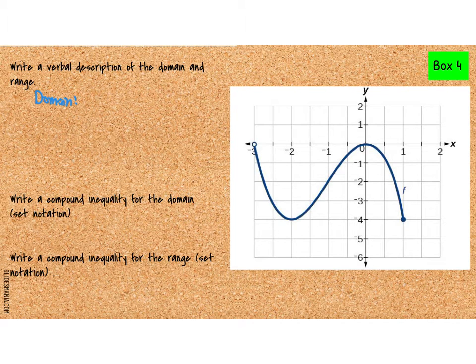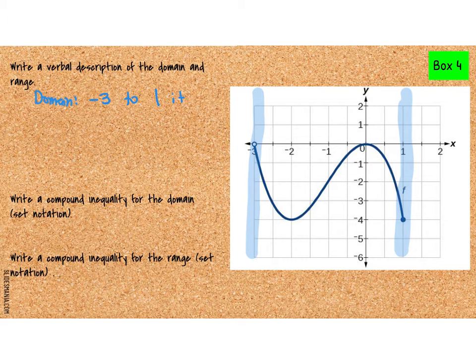Again, domain is talking about your x values. So your lowest x value to your highest x value, side to side, and so that means it is from -3 to 1.